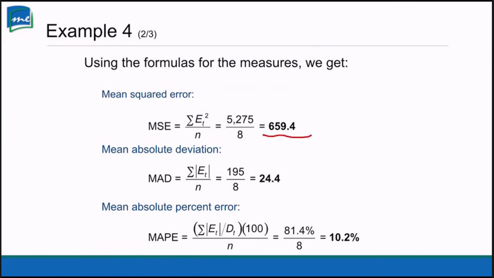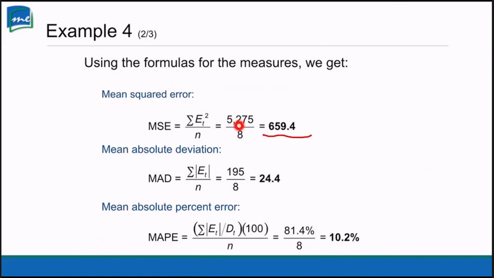And for the MAD, we only consider the absolute value of forecast errors. So we use 195 divided by 8, and we have 24.4. And for the MAPE, we consider the absolute value of the ratio of the forecast errors to the actual numbers. So we have 10.2.